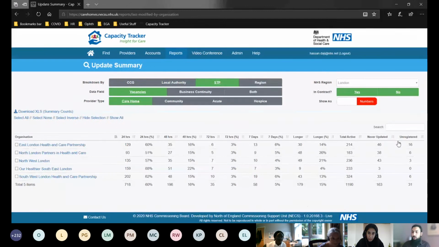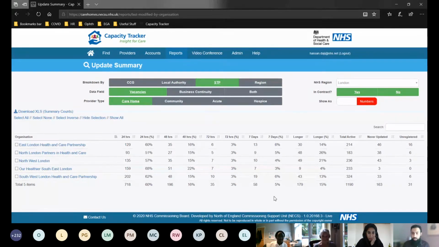At the moment in North East London, there are 16 homes, and well done, South East London, you have 0 unregistered homes. They'll also be able to tell which homes have registered and have never updated, and which homes have updated in 24 hours, 48 hours, 72 hours, and 7 days or longer.